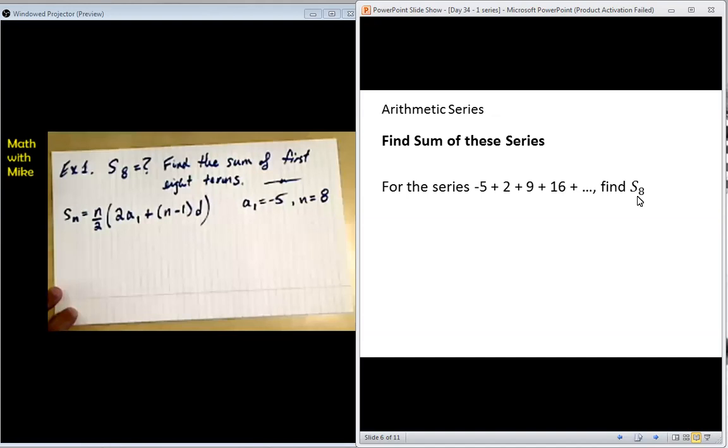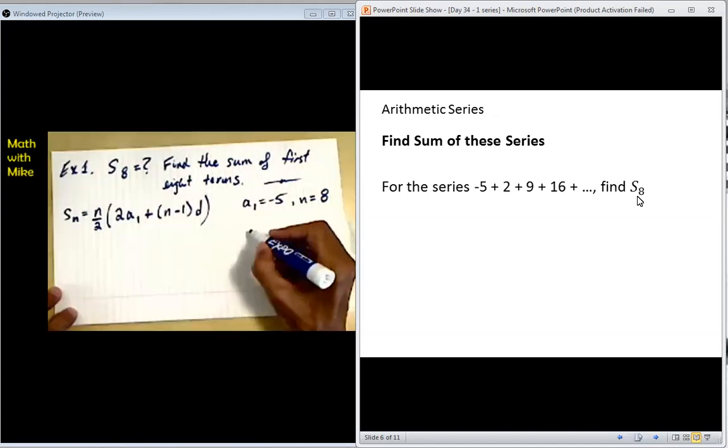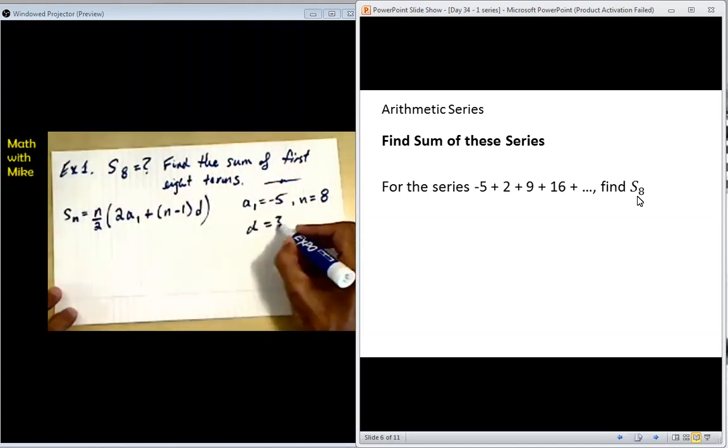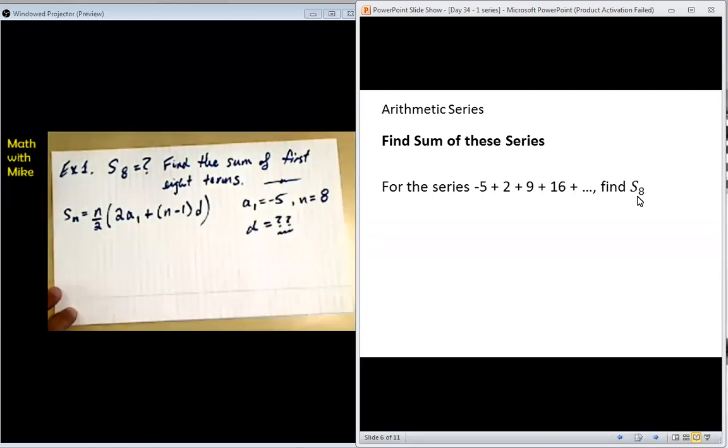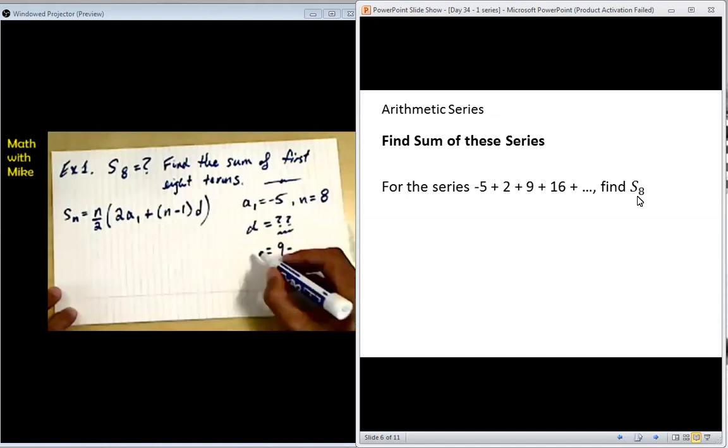Okay, so here's how you can figure it out all the time. D is equal to what? You choose a number there. So you said 9. That's a nice one to look at.